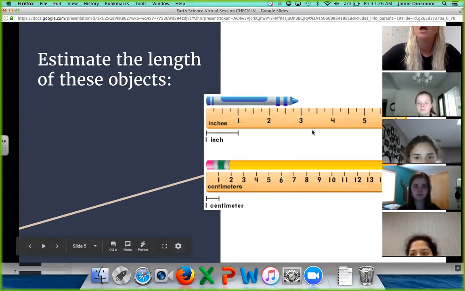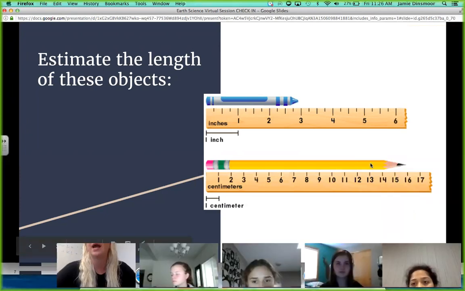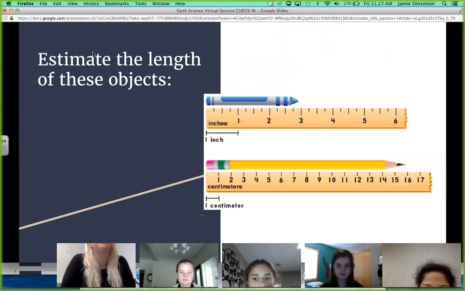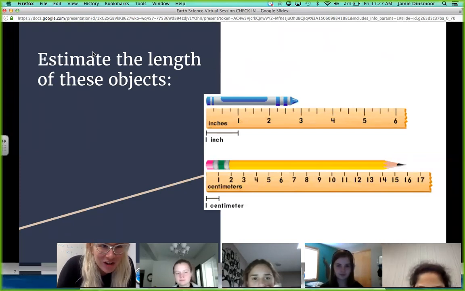Okay, so centimeters is our next ruler type here, and we see a pencil. What do you guys think we would estimate for the pencil? And I really like people who are putting units in the chat. Very important.